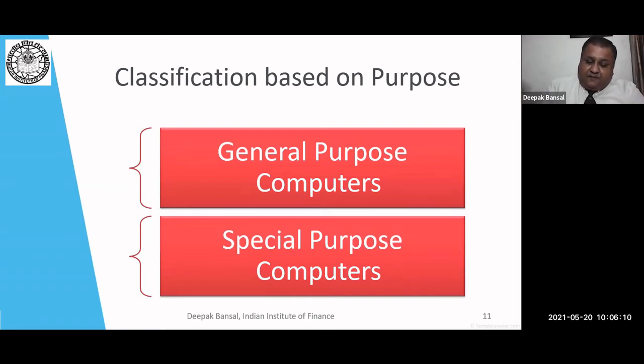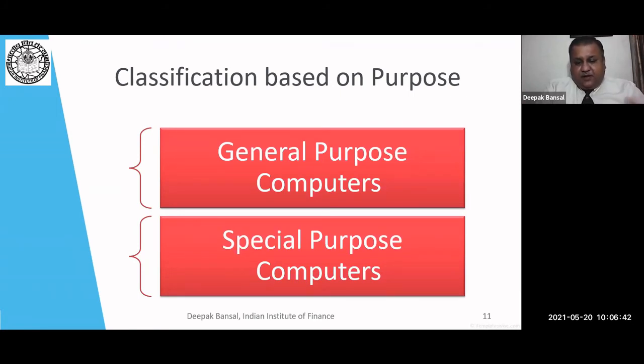If you're talking of a special purpose computer, think of scientific applications, such as space applications, simulation, weather forecasting. These are the areas where a special purpose computer is required. 24 by 7, in weather forecasting, the computer is noting down the data which is coming from satellite, storing that data, analyzing the data, and giving forecasts.